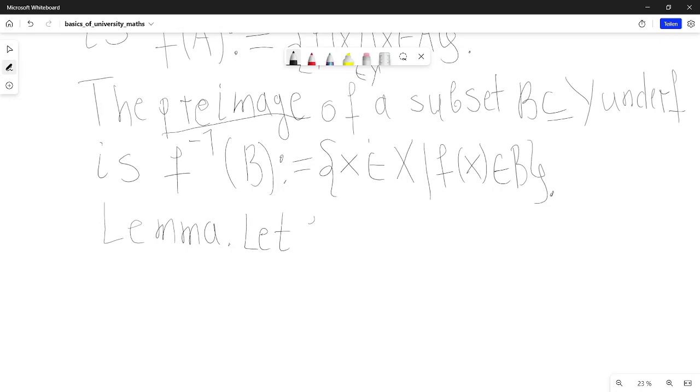Let's write it for once. Let f from X to Y be a map.